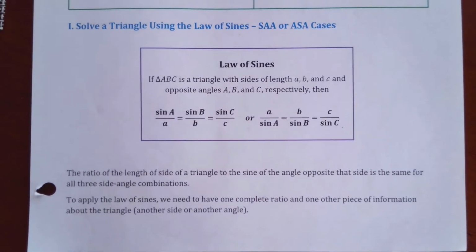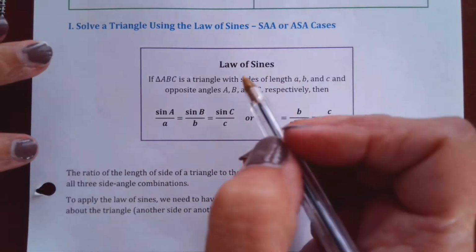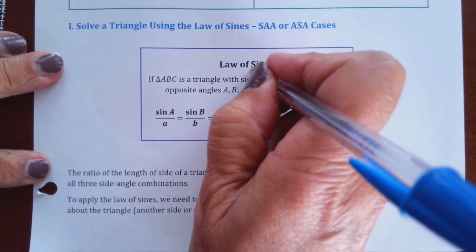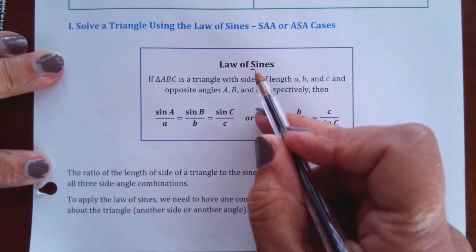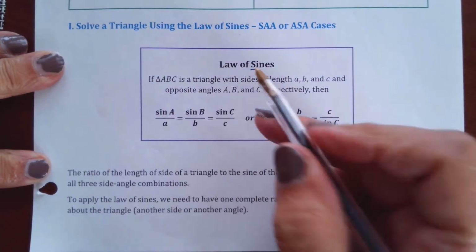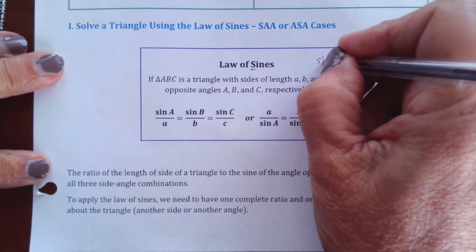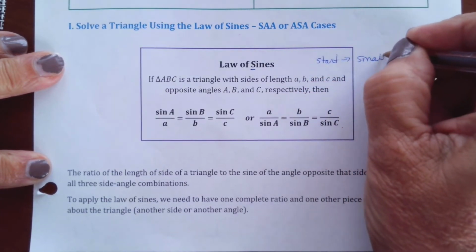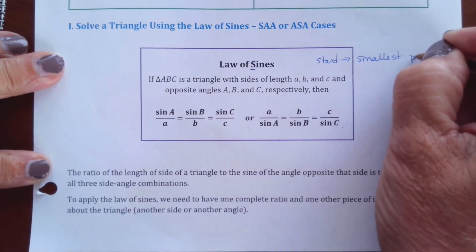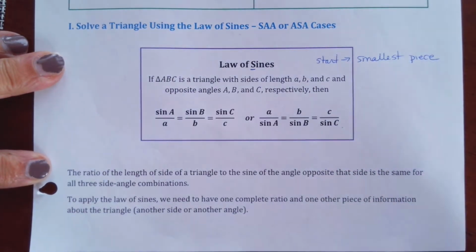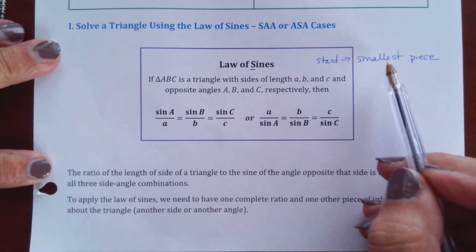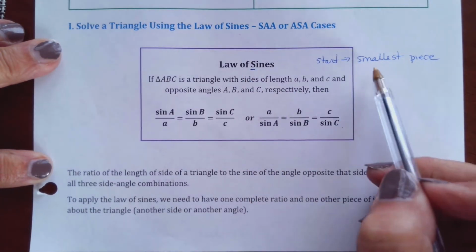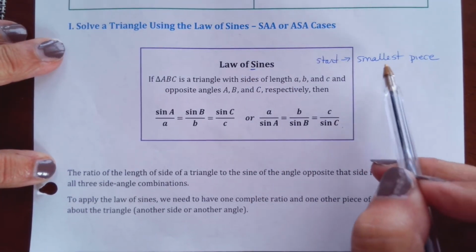So I always tell my students, just to be on the safe side, that when you're using the law of sines, since that starts with the letter S, you always want to start by finding the smallest angle first, or the smallest piece first, I guess I should say, because it might be an angle, it might be a side. So when you use the law of sines, you want to always start with the smaller pieces.